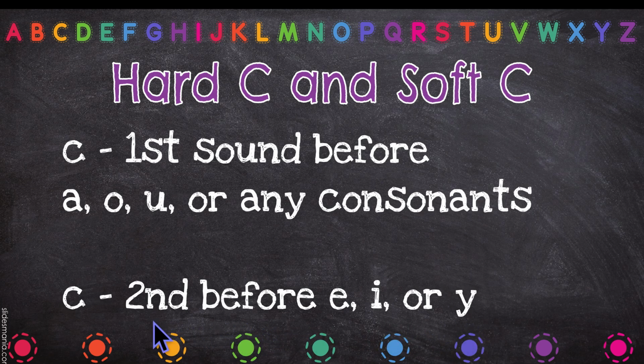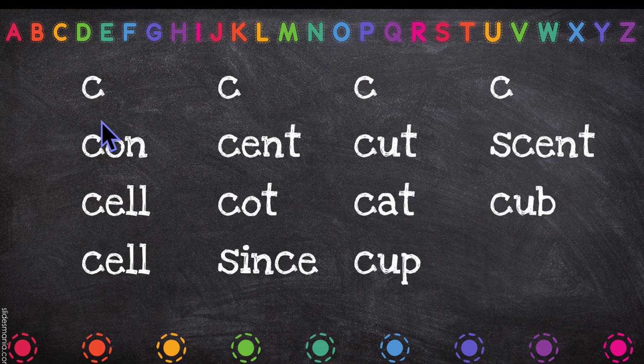If it is, try the second sound, the soft C, S. If the next letter is A, O, U, or any of the consonants, try the hard sound, K. When I point to the letter, you tell me both sounds it makes. K, S, K, S, K, S, K, S.